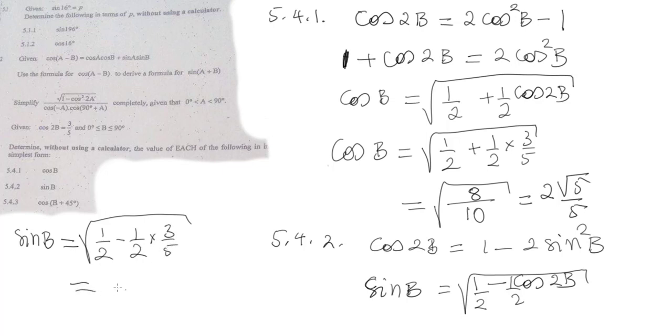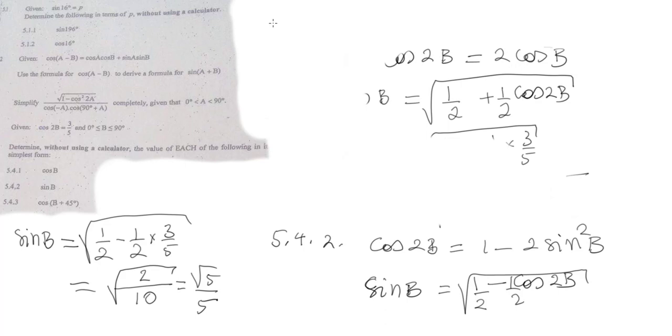So therefore, here we have again 10, but here we have a 2, square root of 2 over 5. So this will give us square root 5 over 5. That is our answer.